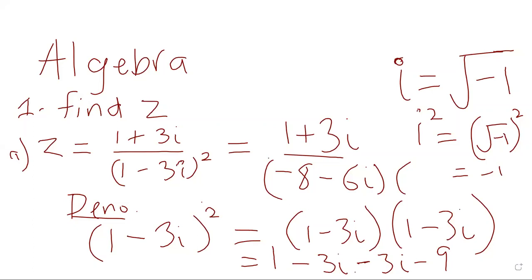Yes, exactly as Galaxy S10 told us in the chat, i squared is equal to minus 1. So all I did was substitute i squared with minus 1, and then I was able to get minus 9. So right now I've been able to get my denominator.